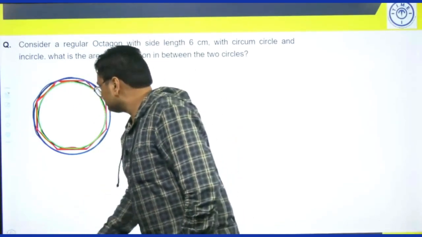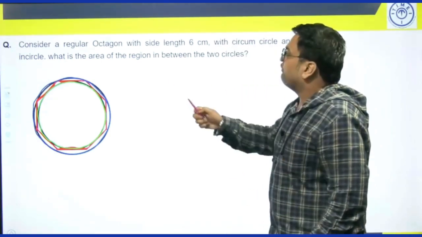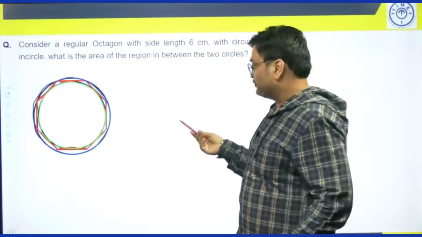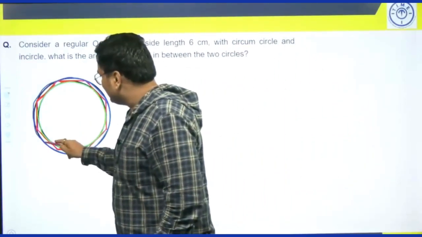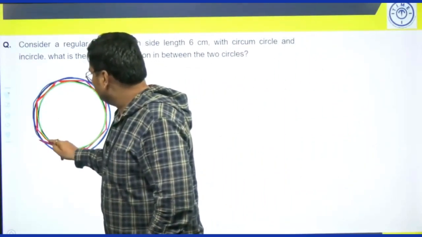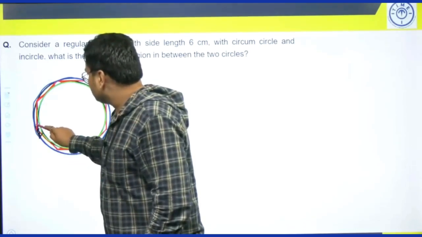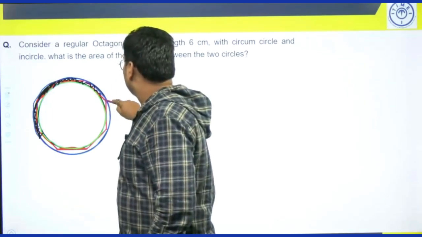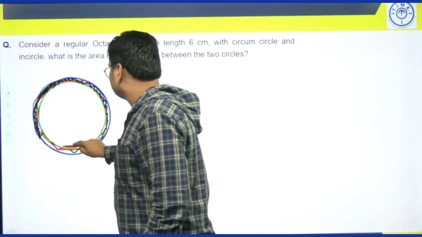Next, what is he asking us? What is the area of the region in between the two circles? So if you look at it, there is this region in between. I am trying to highlight it in black now. Please notice this in between region. We have to find this area.